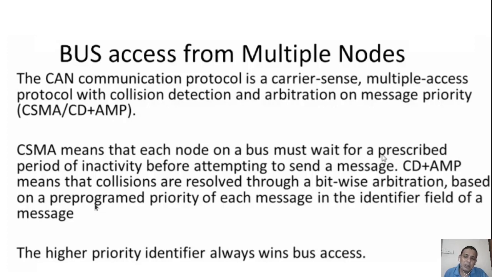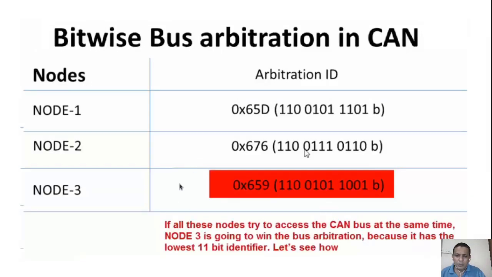Normally the first priority will be for the airbag. You might know, if something is happening, the airbag should work perfectly. So the priority of the device will be based on safety needs. Brake and all these things have priority. The higher priority identifier always wins the bus.